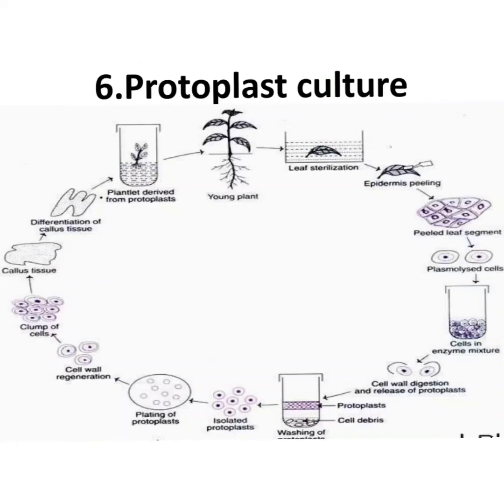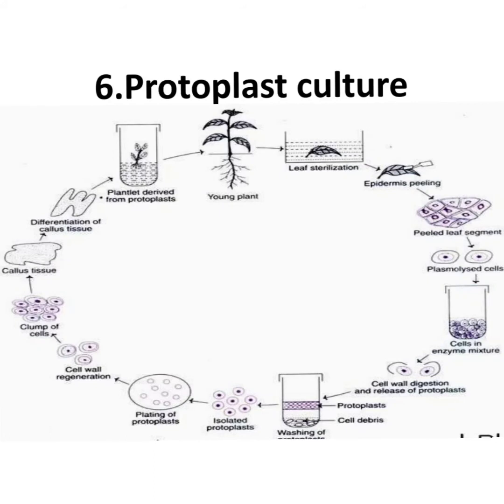What is the protoplast culture? Here, a young plant is taken. From the young plant, the leaf is taken and it is sterilized and the epidermis is peeled. The epidermis consists of the epidermal cells and these cells are plasmolyzed and put in an enzyme solution and the cell wall digestion occurs and results in the formation of a protoplast.